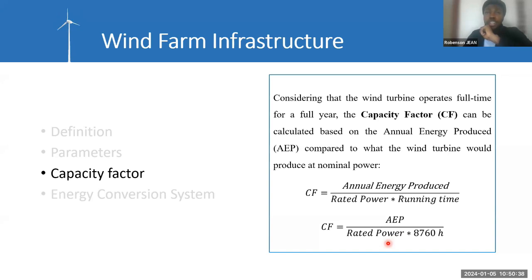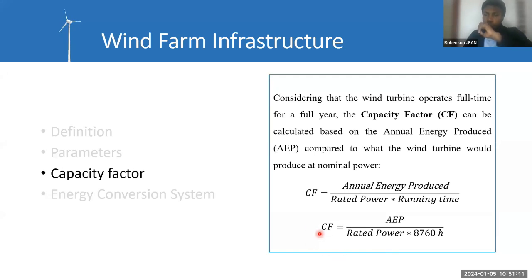Sometimes when wind speed is lower, we are generating less than rated power. So for that reason, the annual energy produced is always less than the amount of energy we could produce if the wind turbine was operated constantly through the year at rated power.